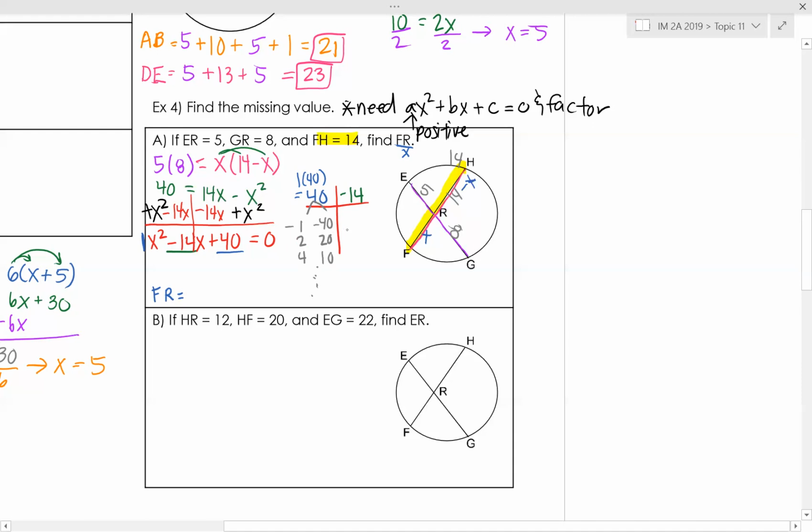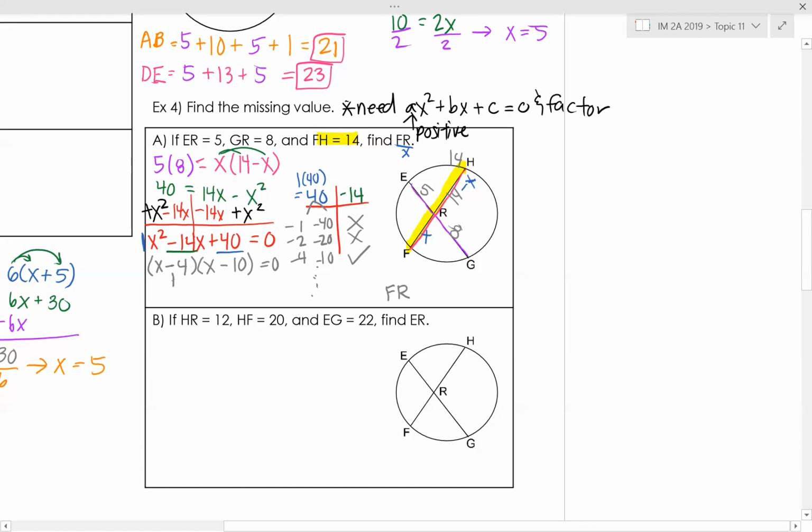So notice that that's going to give me 41. That one doesn't work. This one's going to give me negative 22. This one, though, is going to give me the right values. So remember that this factors to x minus 4 times x minus 10 is equal to 0. Now I get my answers.